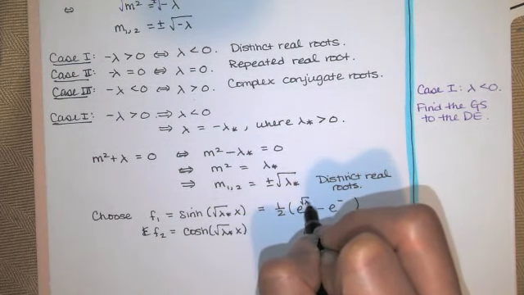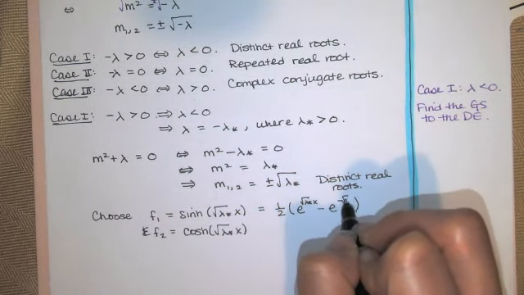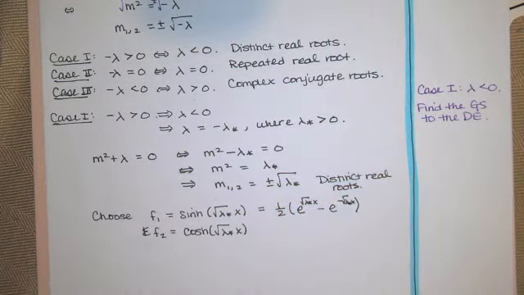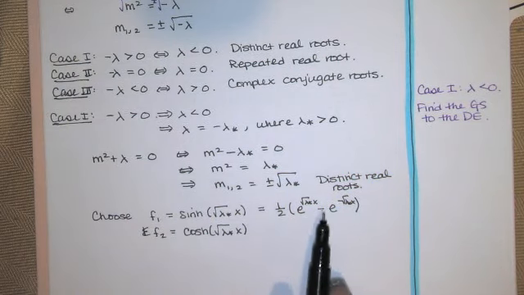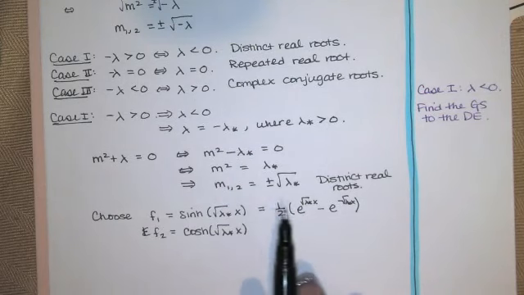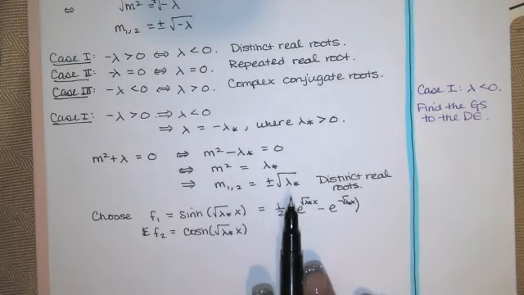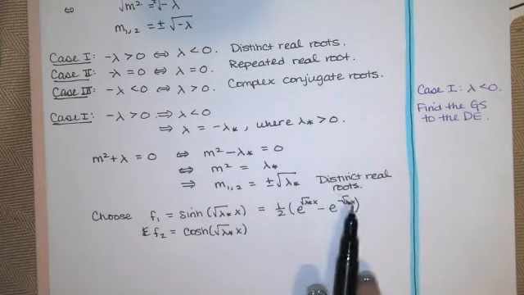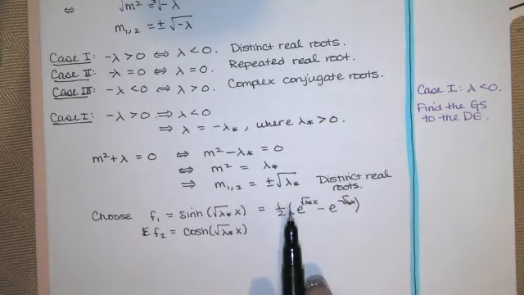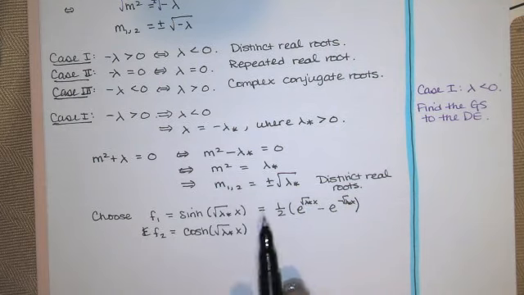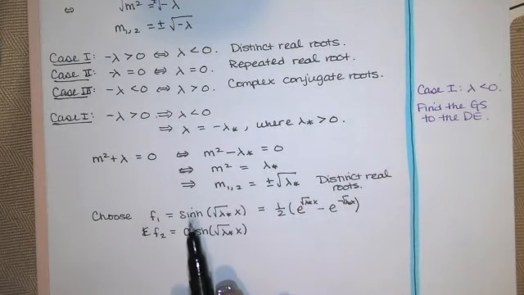In our case, the number would be the square root of lambda sub star times x. So this is a linear combination of the two solutions that we would typically associate with these two distinct real roots. Here's our first solution, and there's our second solution. And this is saying that if I take the first solution multiplied by 1/2, I take the second solution multiplied by -1/2, and I add them together, that's just going to give me the hyperbolic sine function.